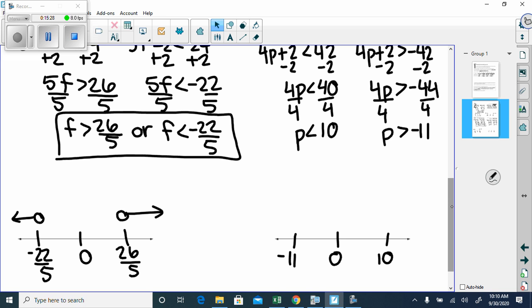Dots open or closed? Good. Alright, so starting with this first inequality, p is less than 10, so I'm going to the left, and p is greater than negative 11, so from negative 11 I'm going to the right, so they run into each other. So this would be connected, which is what kind of statement? Which is an and statement. Right. Okay? So yes, we put the small number first, less than our variable, less than our big number.